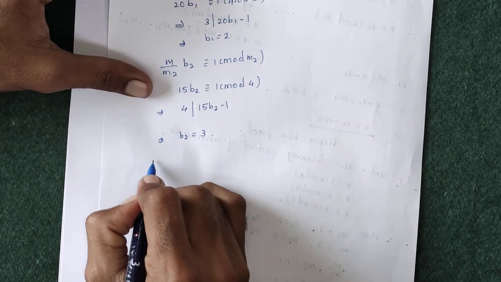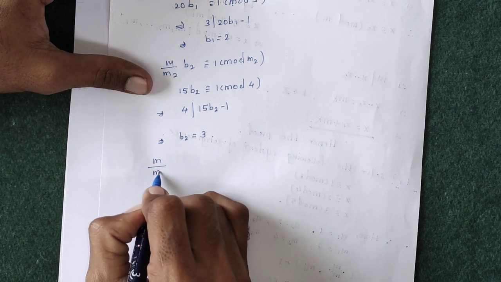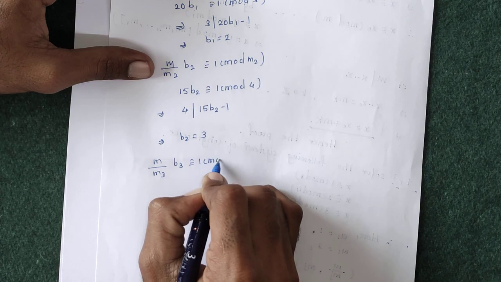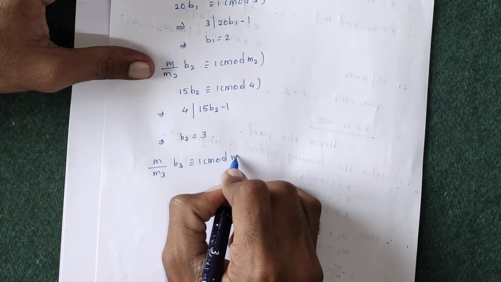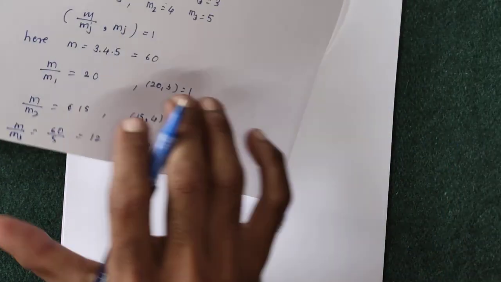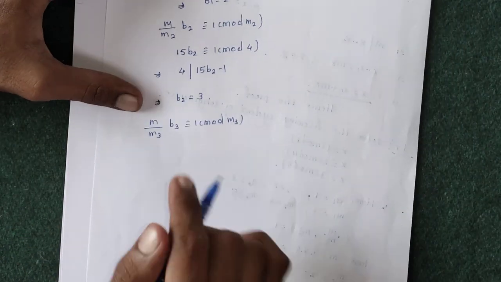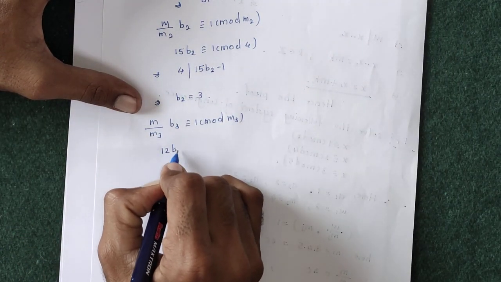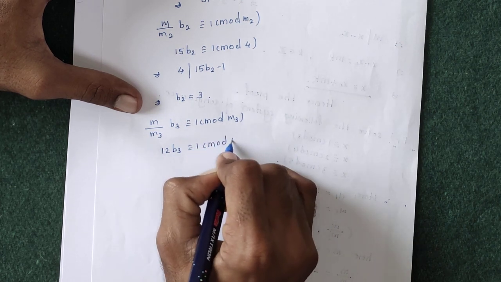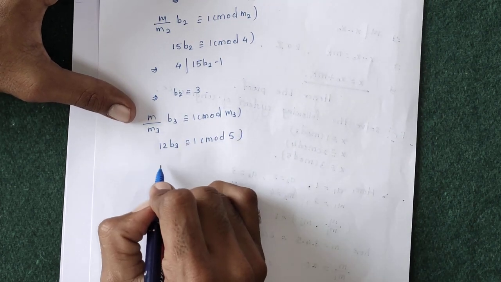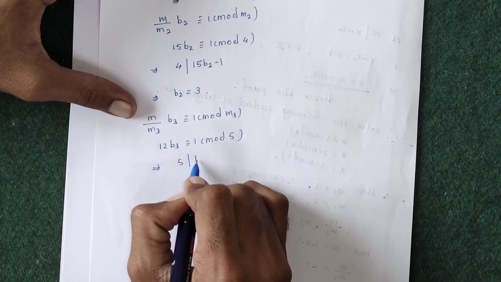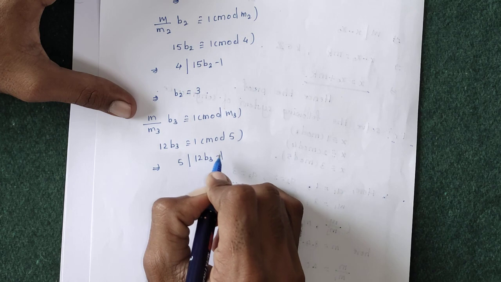Similarly, we are going to find the value of b3. m by m3 into b3 is congruent to 1 modulo m3, that is, m by m3 is 12. So 12 b3 is congruent to 1 modulo m3, which is 5. So we can write 5 divides 12 b3 minus 1.